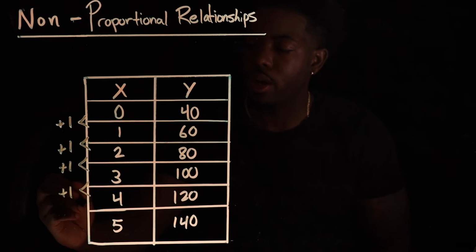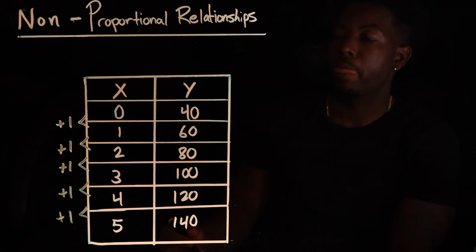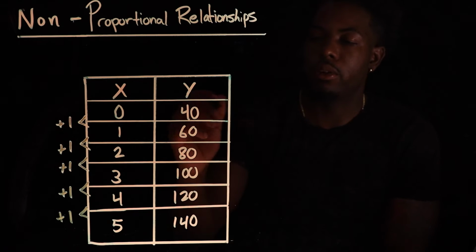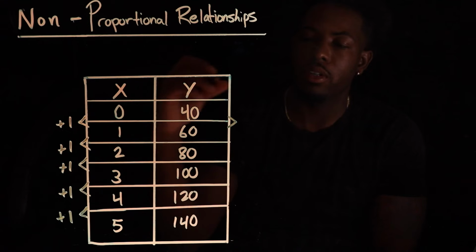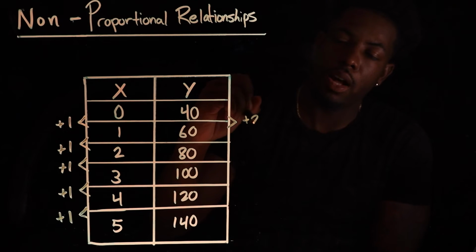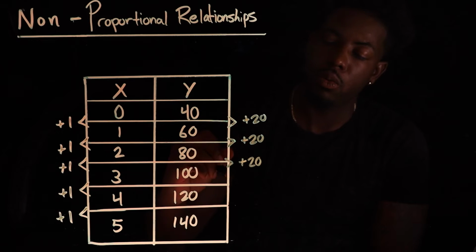He's working 1 hour increments, or he gets paid per hour. And what about y values? It looks like he is getting paid in $20 increments. So we've got plus 20 down the table.